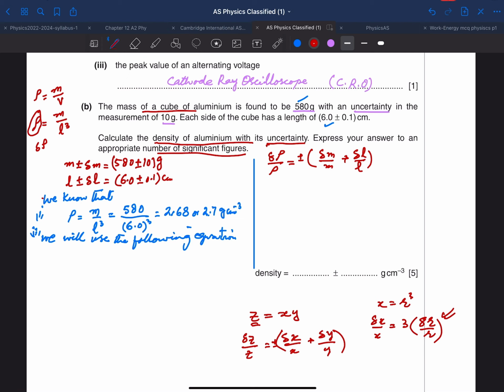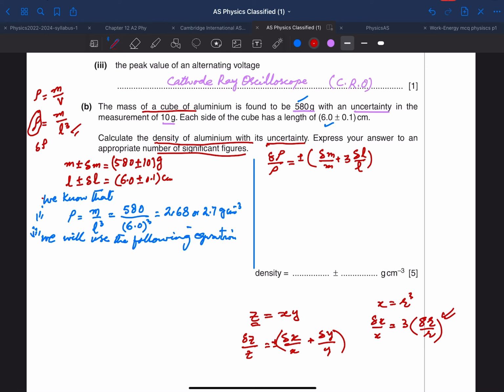Here we are dealing with L cube, so you have to include 3 as well. So the actual formula will be something like this: 3 multiplied by this one. Okay, so this is what we have.